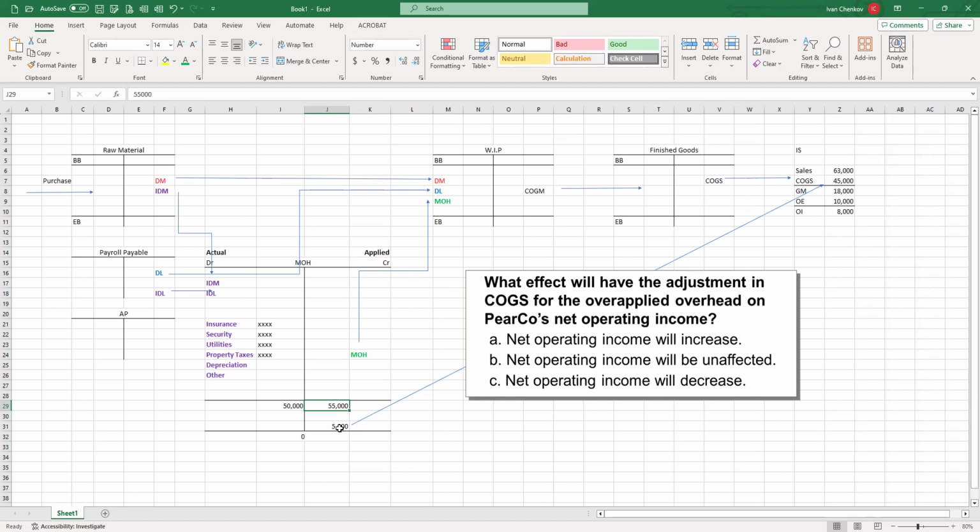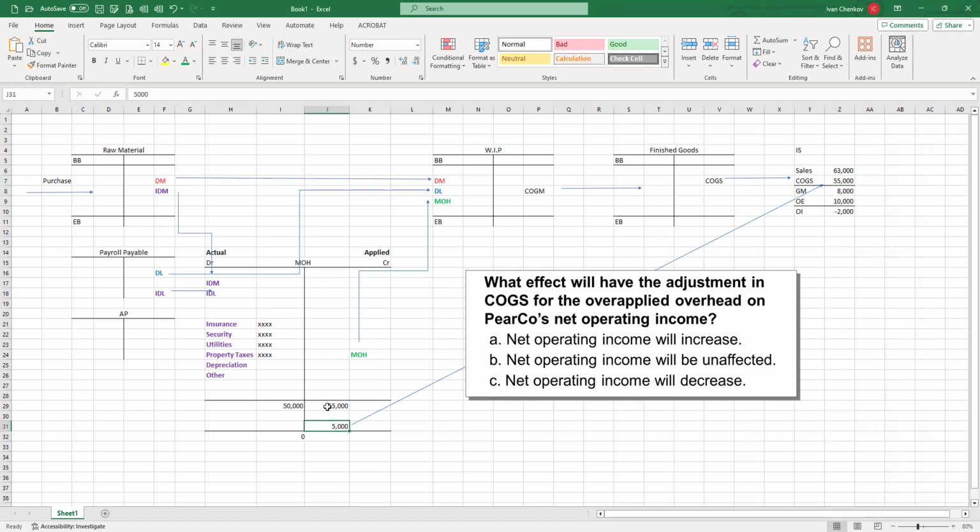Correct? So let's say our overhead is 55. We apply it, so the overhead in finished goods is 55,000, and in cost of goods sold is 55. That's the scenario that we have.